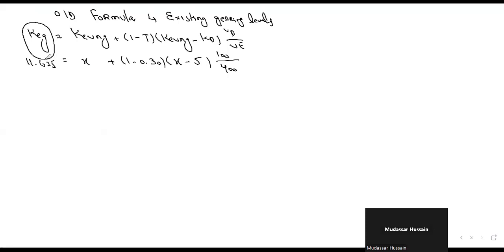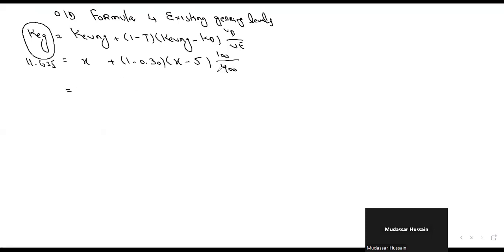11.625. Now see, this was a very complex situation that was being created here. Try to understand everyone, if we use this old formula. So what was happening? First of all, we have to solve this one.